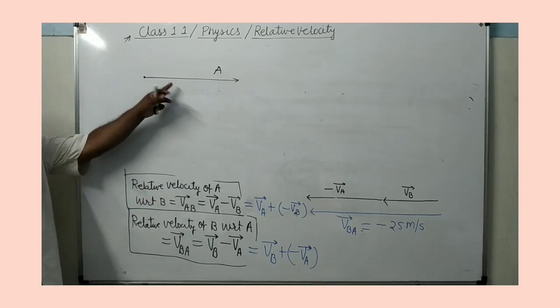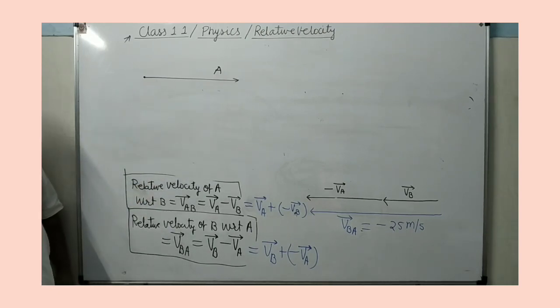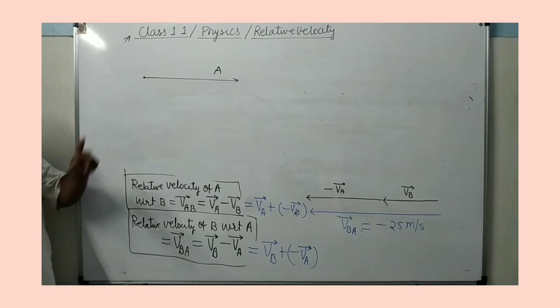Here, what is the velocity of A? It is the change of displacement per unit time. Rate of change of displacement. But here, origin is static.